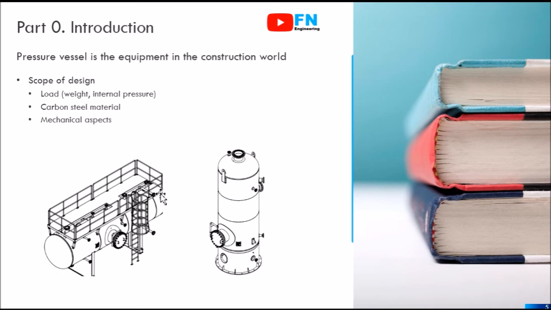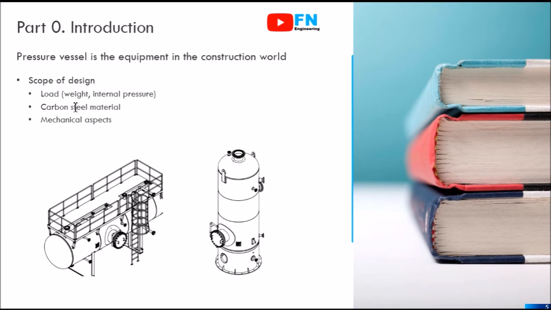Next, in this video, we will explain the minimum requirements in pressure vessel design. So, we restrict the design with some points. First, the load. Loads that will be considered are weight and internal pressure. The other loads such as external pressure, static pressure, wind load, seismic load, and cyclic load will be explained in the advanced pressure vessel design. Secondly, the materials.